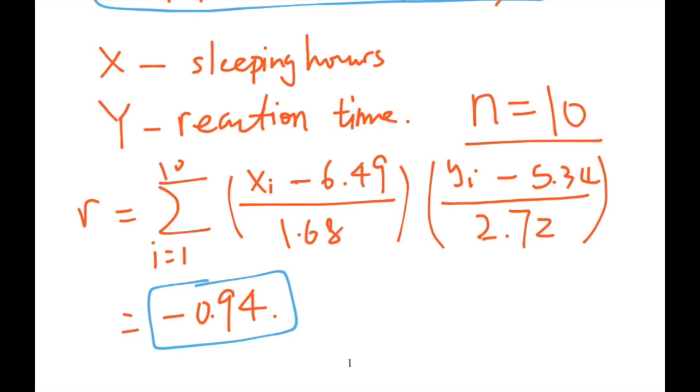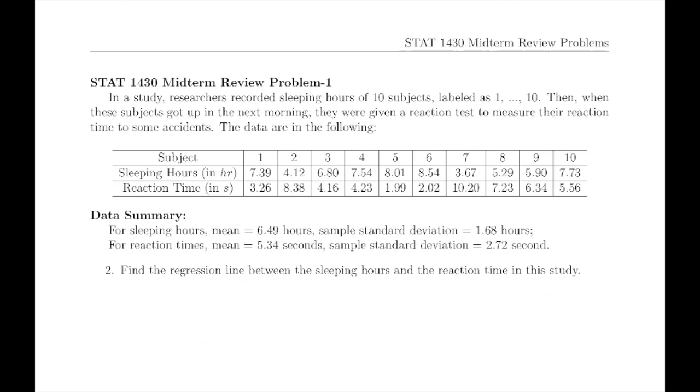And also we can find that this correlation, negative 0.94, is close to negative 1. So the linear relation between the two variables is very strong. Okay, so this is the first part, and then let us go to the second portion.